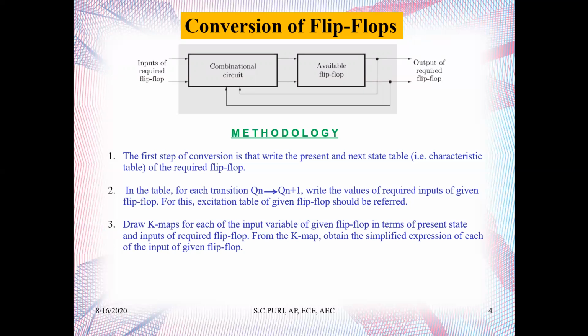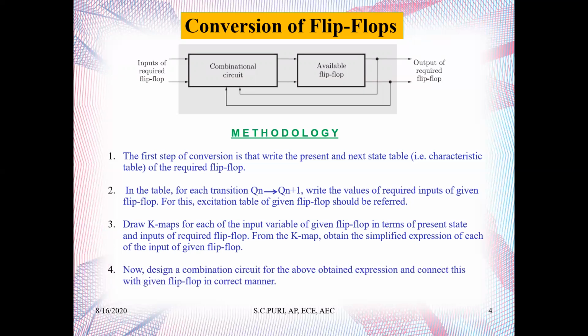Draw the K-map for each input variable of the given flip-flop in terms of the present state and inputs of the required flip-flop. From the K-map, obtain the simplified expression of each input of the given flip-flop. Now, design a combinational circuit for the obtained expression and connect it with the given flip-flop in a correct manner.